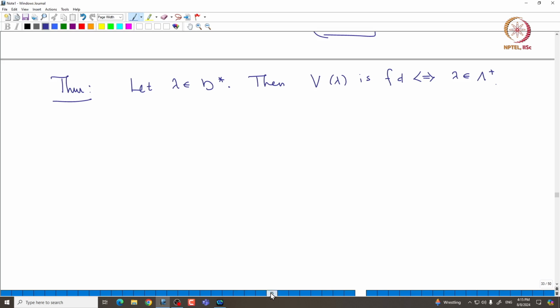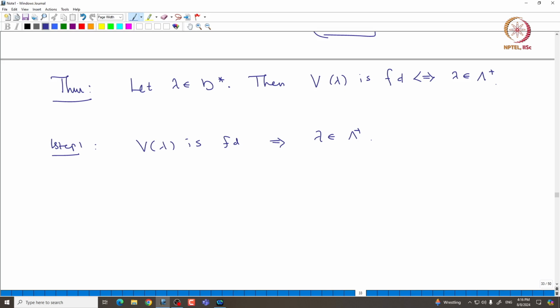Now let us prove at least one direction. Here is step 1: V of lambda finite dimensional implies lambda is dominant. This is exactly the same as the proof that we have for V a highest weight representation, with the highest weight being dominant. A similar proof works here.